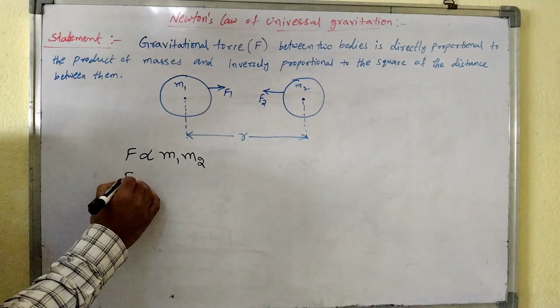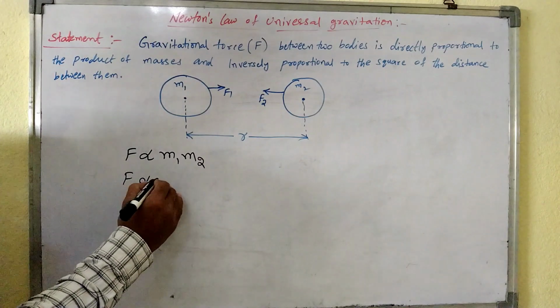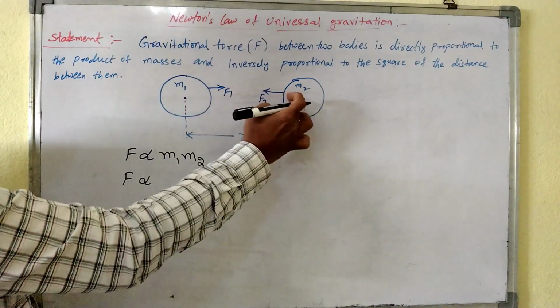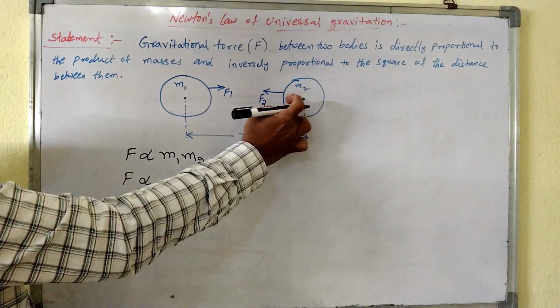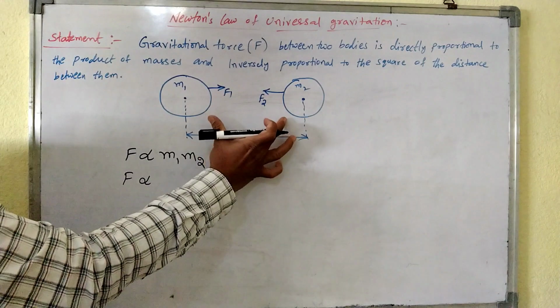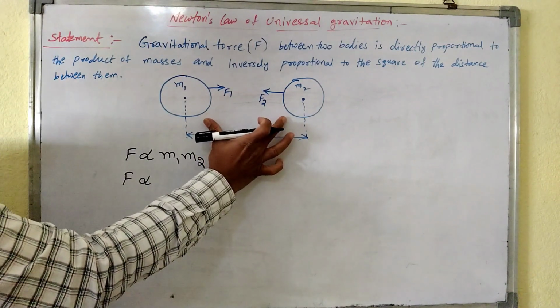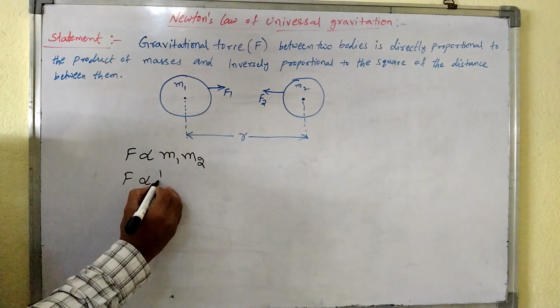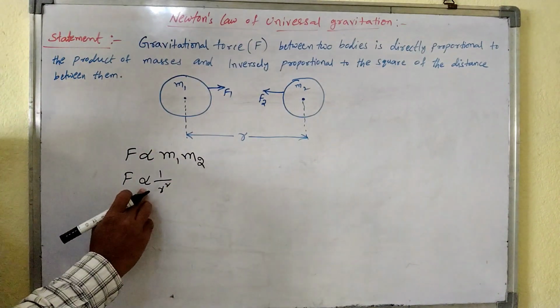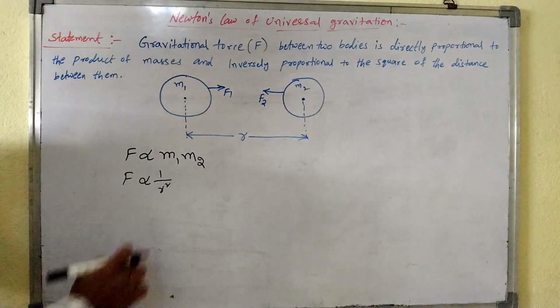And gravitational force is inversely proportional to the square of the distance between the two objects. Here the bodies m1 and m2 are separated by the distance r. So the attraction force acting between the two bodies is inversely proportional to the square of the distance between them. So F is proportional to 1 by r square.